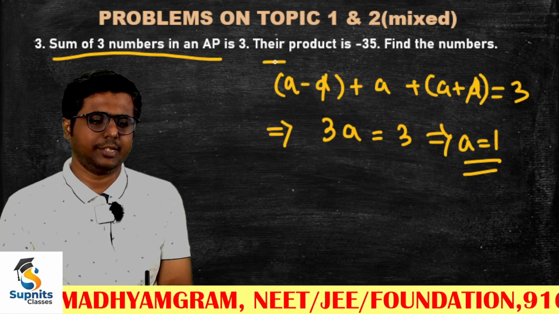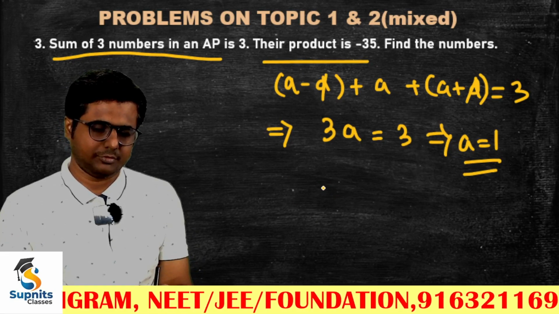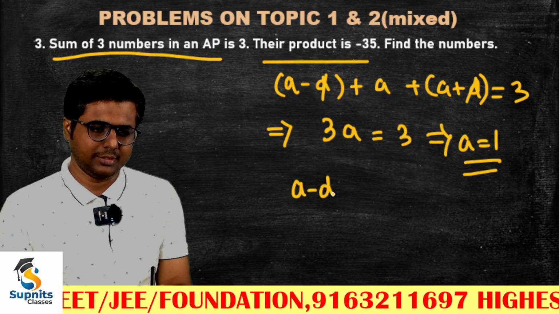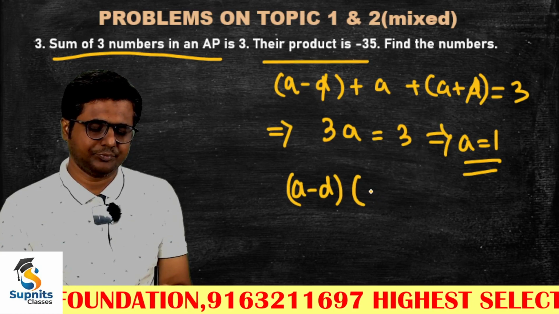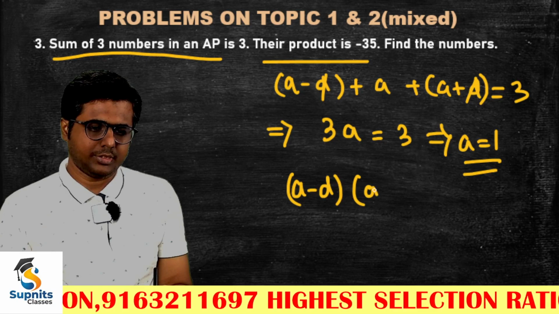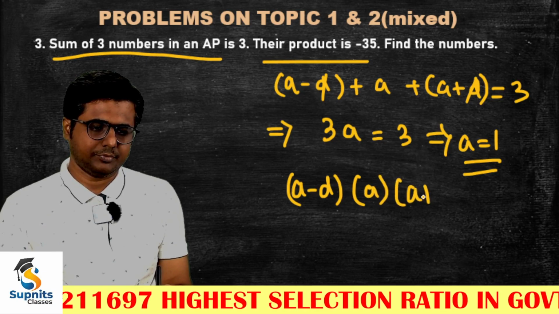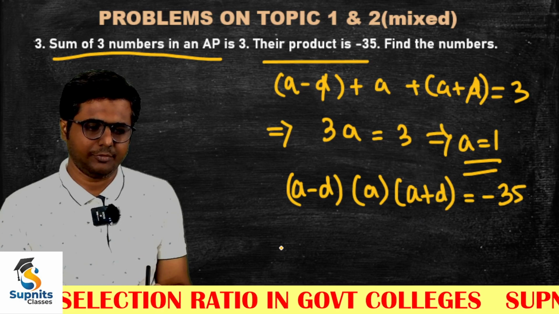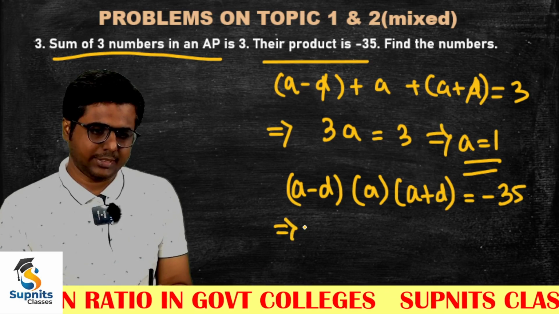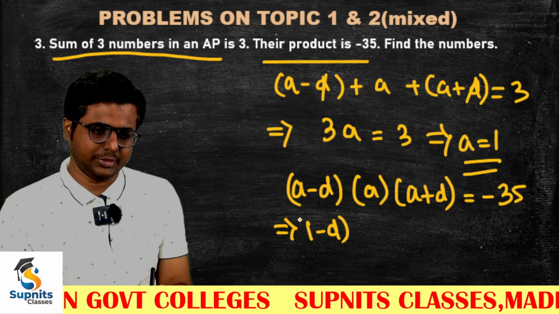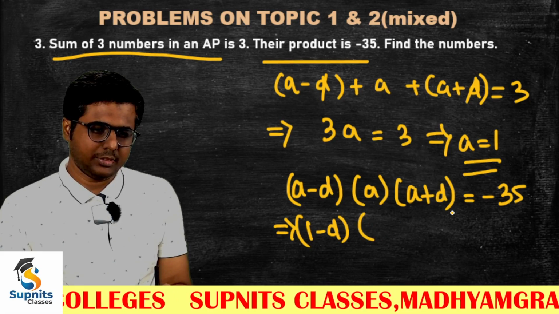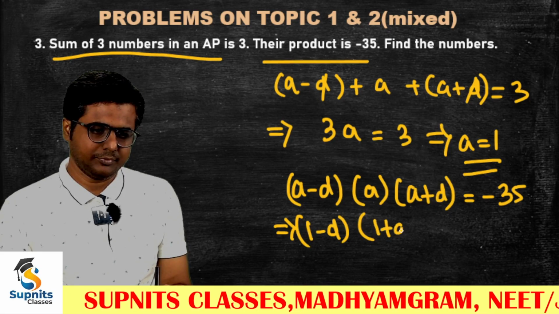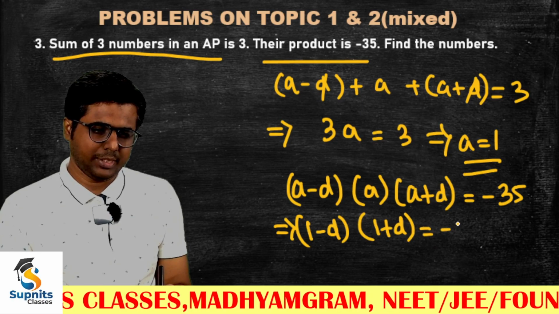Now, they are saying their product is minus 35. A minus D, A, A plus D is minus 35. As A is 1, this is 1 minus D and this is 1 plus D is minus 35.